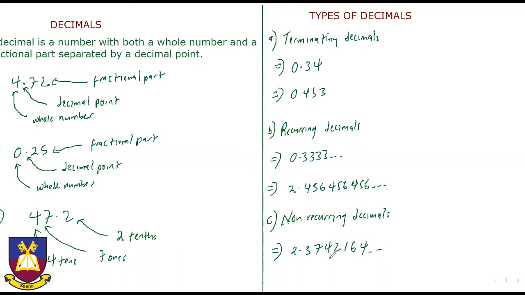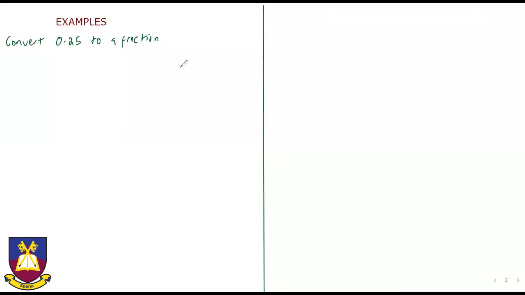A number like this is non-recurring and non-terminating because the digits after the decimal point continue without any specific pattern. So this is called a non-recurring decimal. It is also non-terminating. Those are the types of decimals we commonly have.